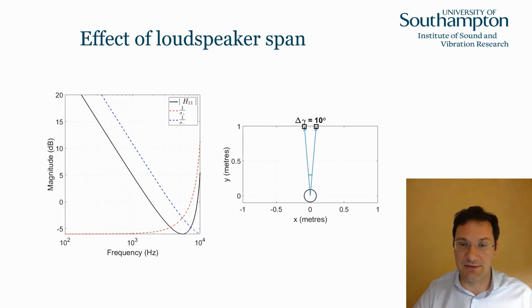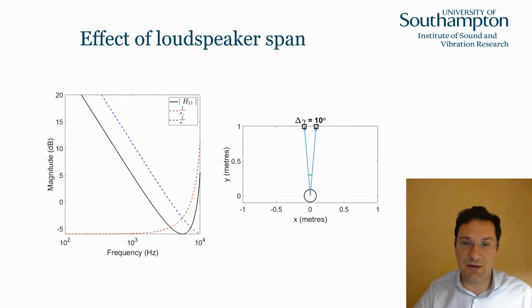When I run the animation, the span is going to increase. And on the left hand side, you see as a function of frequency the efficiency of the in-phase mode, the dashed red line, the efficiency of the out-of-phase mode, the dashed blue line, and the solid black line represents the magnitude of the frequency response of one of the filters.